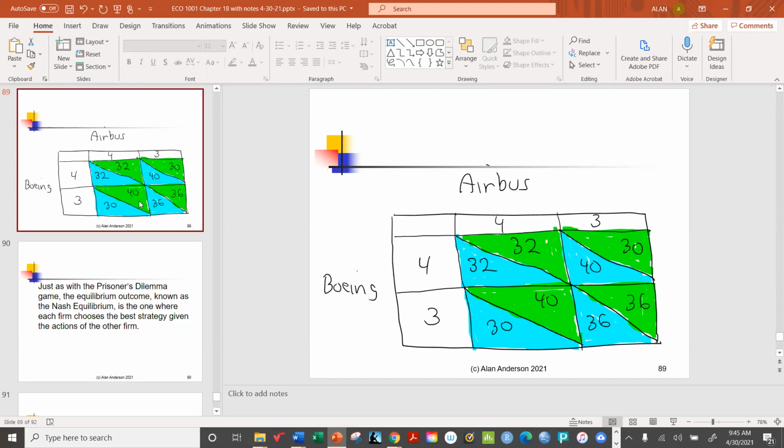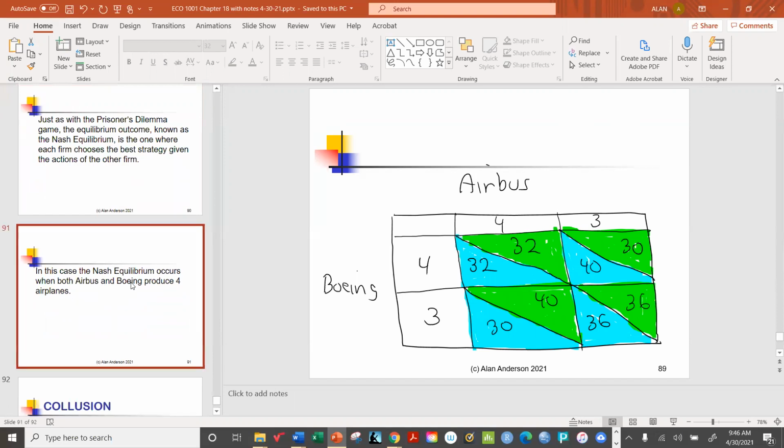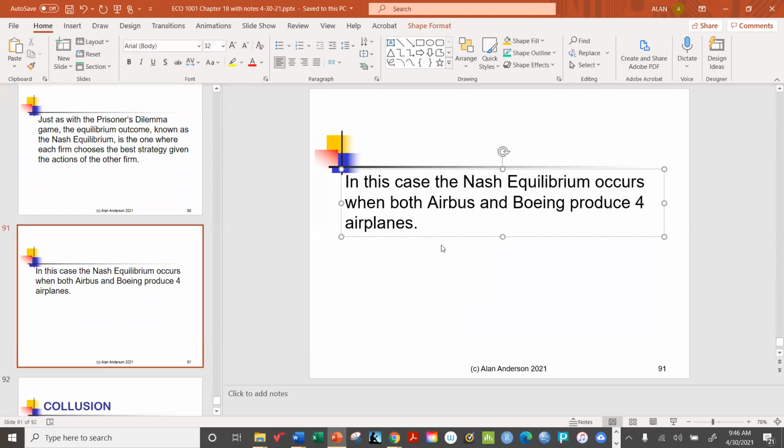If Airbus drops their output to 3, their profits will drop to $30 million. So what this means is that if they both produce 4 planes, neither side has an incentive to change their output.